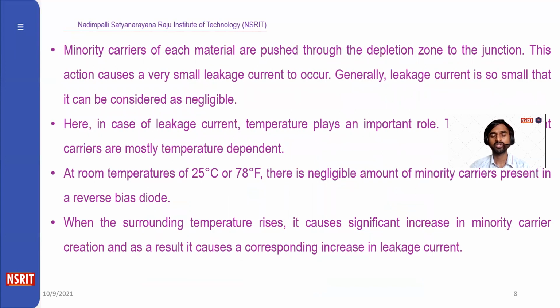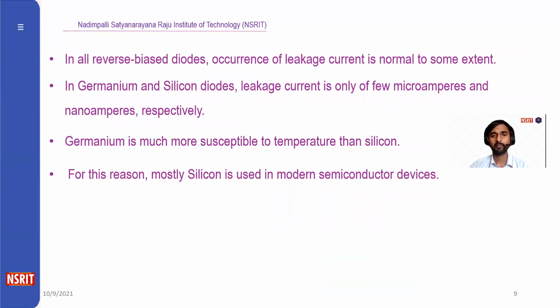As the temperature increases, the leakage current increases, and germanium is most susceptible to this phenomenon, that is, the increase of leakage current due to increase in ambient temperature. That is the reason why silicon is the most preferred semiconductor in modern electronics.